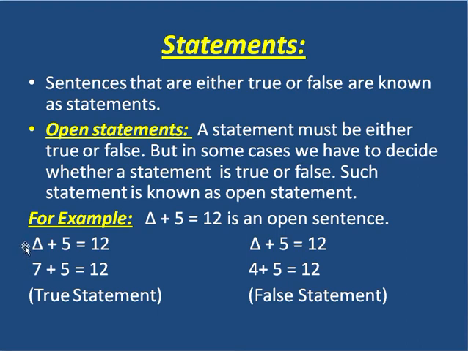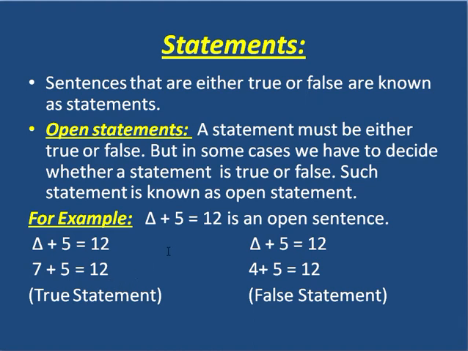If we replace this triangle, this open space, with 7, then 7 plus 5 equal to 12, and this statement will become true.